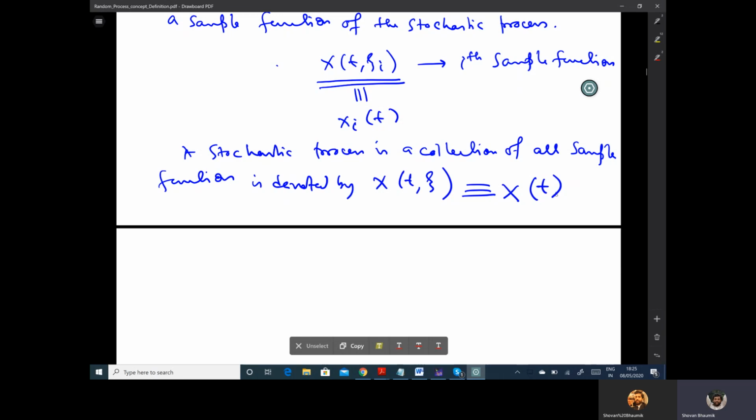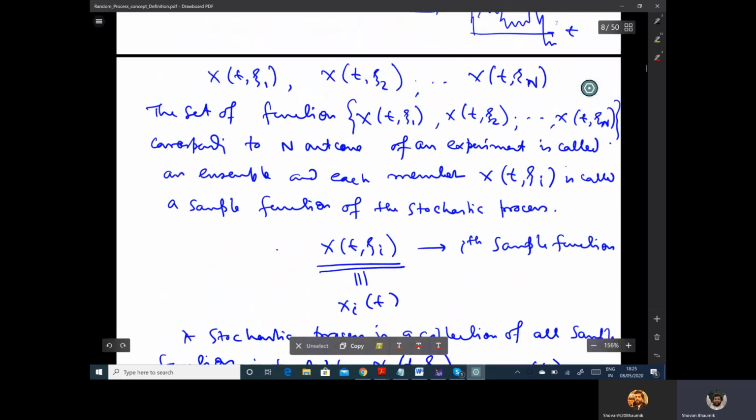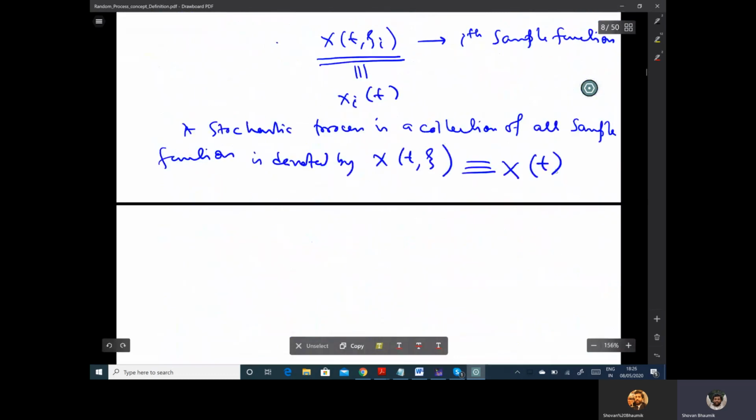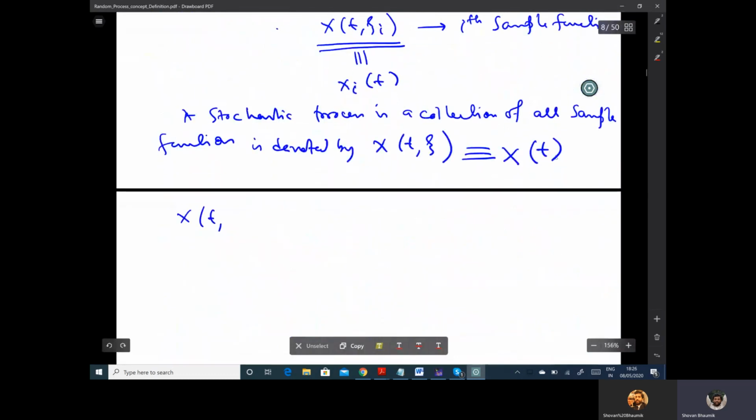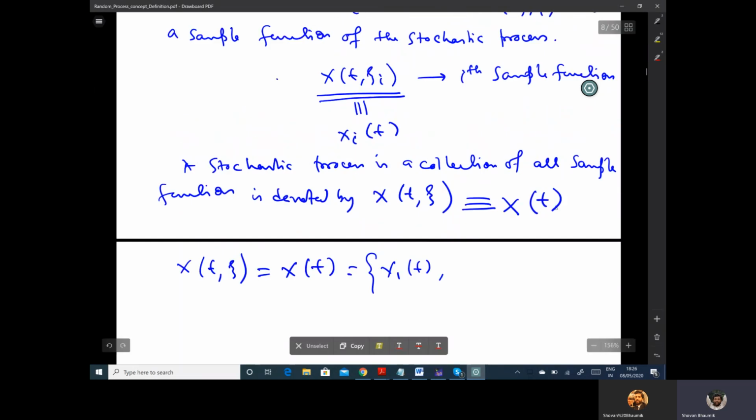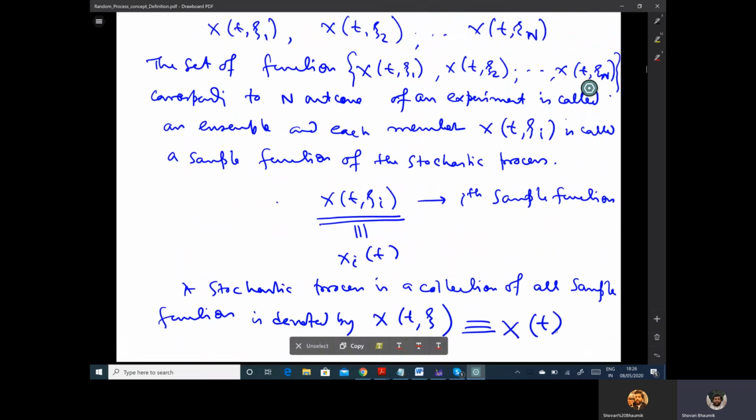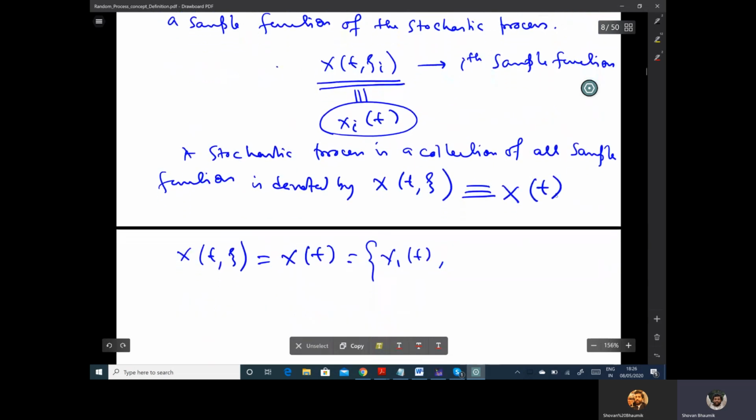So we write here the sample set function: x(t, zeta) equals x(t), which equals x1(t), x2(t), dot dot dot, xn(t).